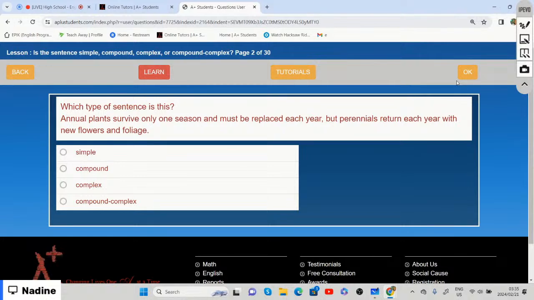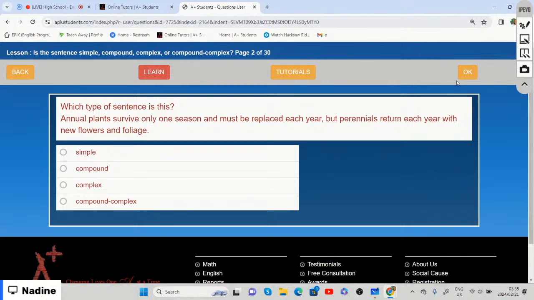Annual plants survive only one season and must be replaced each year, but perennials return each year with new flowers and foliage, right?